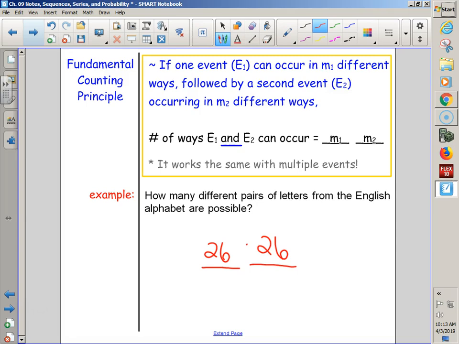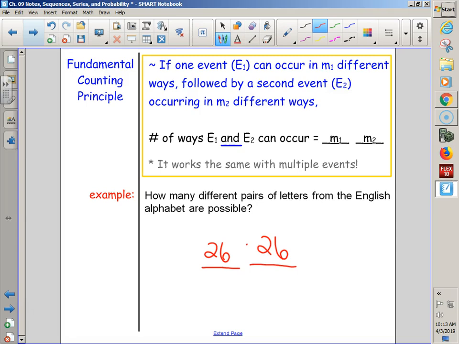If one event E1 can occur M1 different ways, they're just using variables. E is standing for event, M is standing for the number of ways. You might be like, why not N? Well, N gets used for all sorts of stuff, so they went with M. That's okay. Think multiple ways. There you go. But then there's a secondary event that can occur in M2 different ways.